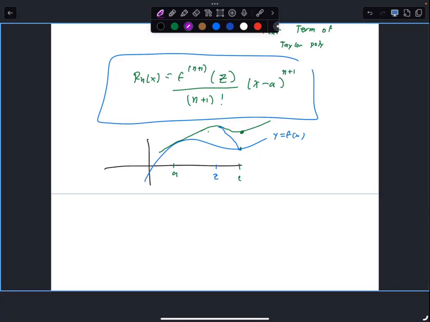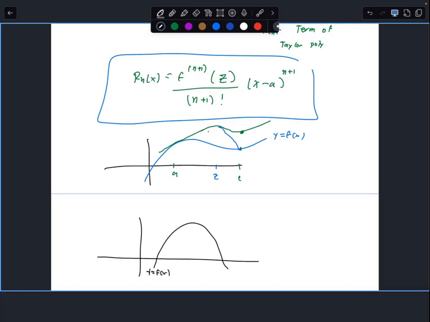I'll show you a quick one, and let me simplify the image here. Let's say this was our function, y equals f of x, and we wanted this value a right here, and some value c right here, and we wanted to approximate this as a degree 0, which is just going to be a horizontal line.